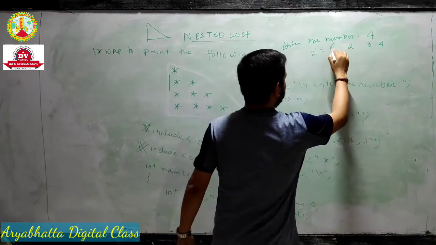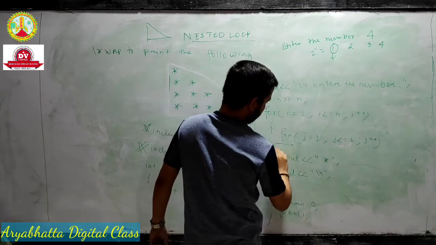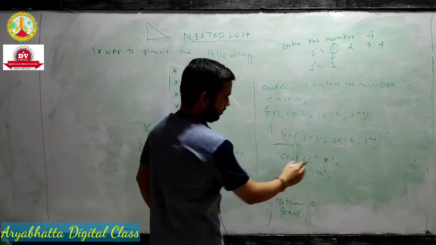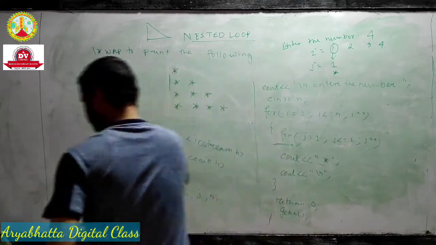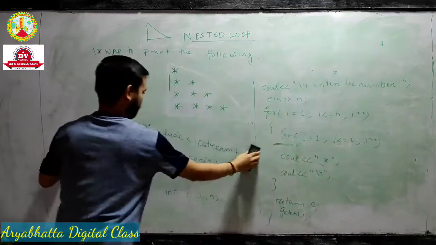When i equals 1, it will enter that loop. Your j value is 1. I will show you in detail in this portion. Okay, I will erase it.